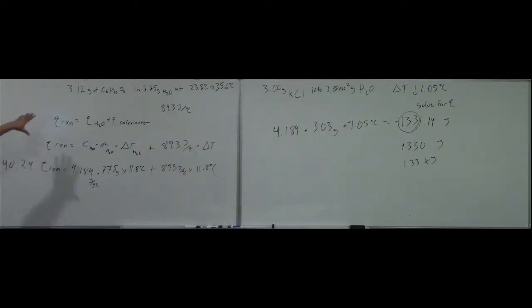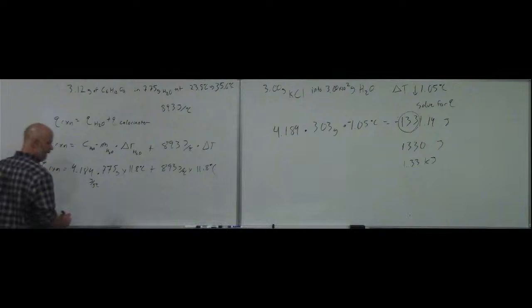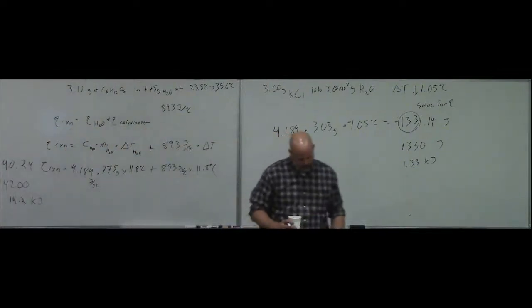How many am I allowed to have at most? 3. So this is going to be like 14,200, right? If I were to put that in scientific notation, or at least in kilojoules, which they seem to want, I'd probably have 14.2 kilojoules, right? Let's see what they have here.